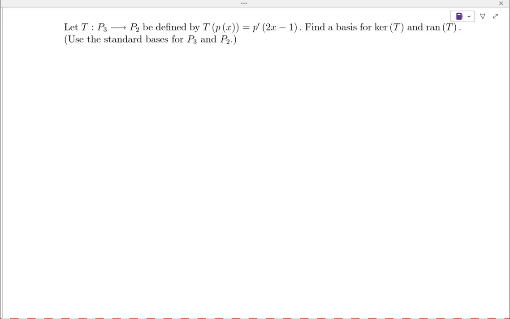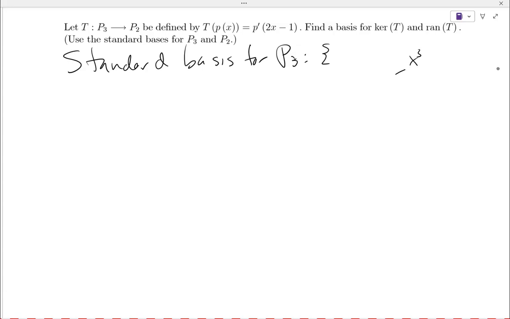Well, let's first just apply the transformation to the basis. So what is the standard basis for P3 again? Right, in this order. And 1, right? That's our standard basis, right? Usually we write it in ascending order.